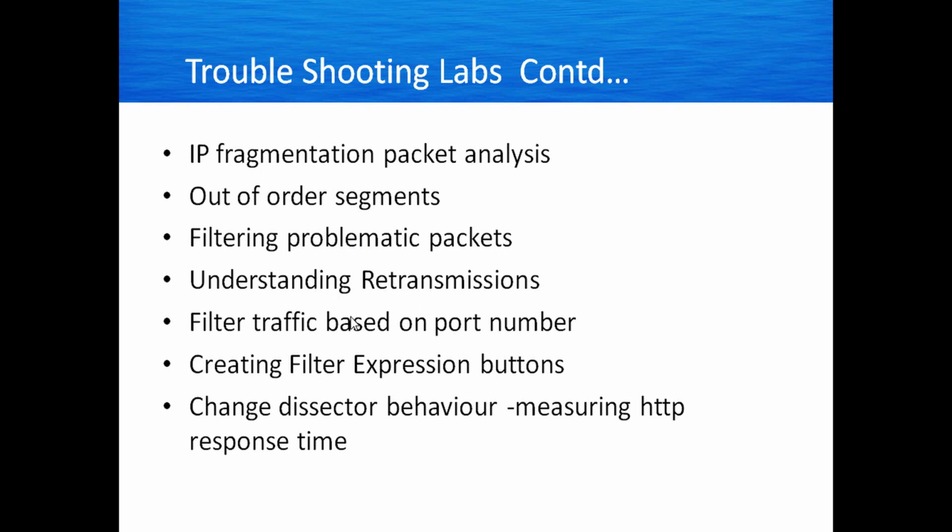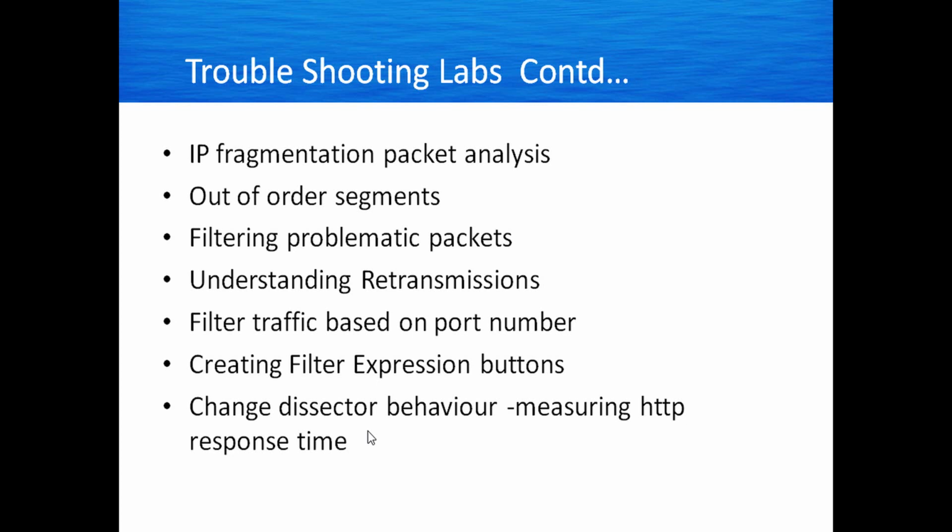Understanding retransmissions, as we already discussed. Filtering traffic based on port number as well as other parameters. Creating filter expressions, and you can create a filter and save that filter also for later use. Change the dissector behavior. We need to configure Wireshark also, and learn how to measure the HTTP response time and other such features very accurately.